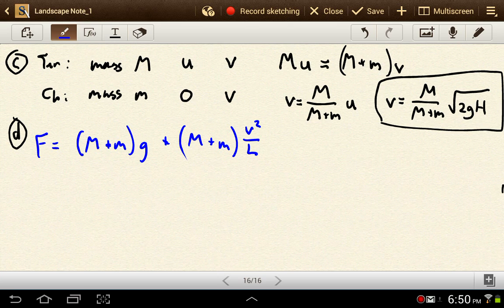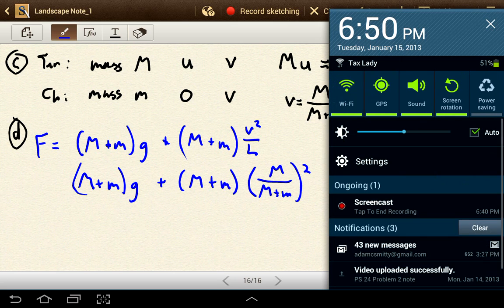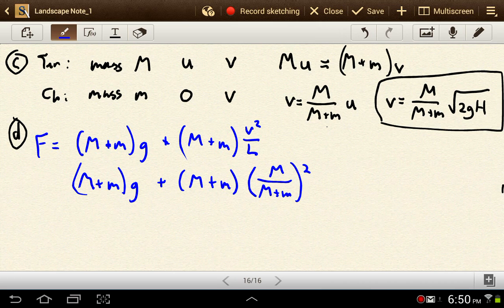So, boy, this is not looking pretty, but I'm just going to be brave and go through it. So the force is going to be big M plus little m times g, plus big M plus little m times v squared, which is big M over big M plus little m, all squared, times 2gH, and that all comes over L. Is there any way to make that prettier?